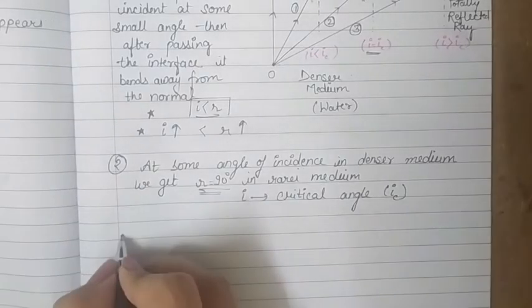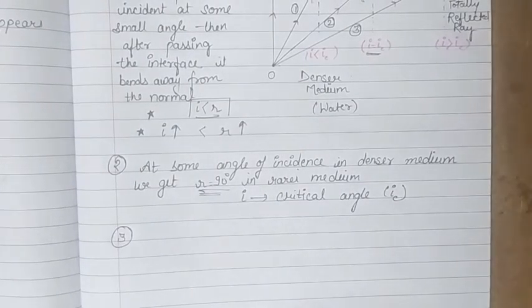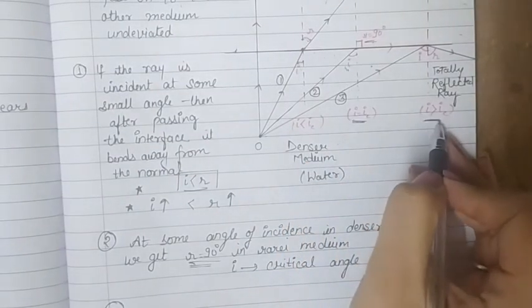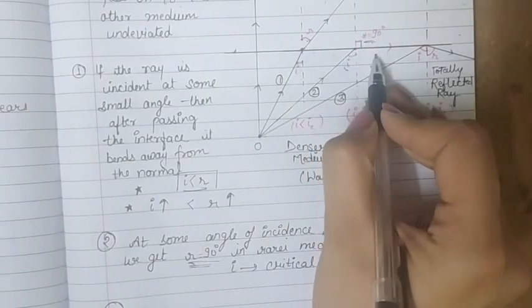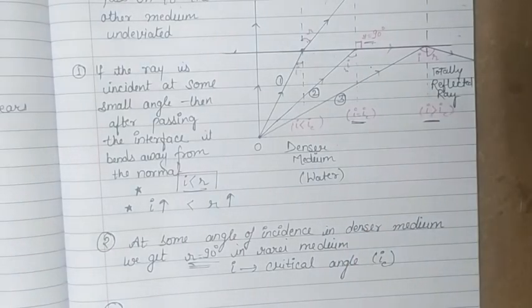So now moving to the third ray. Now we further increase the value of angle of incidence. If we increase the value of I more than IC, then these rays will again bend away from the normal, and ultimately they will come back to the same medium.